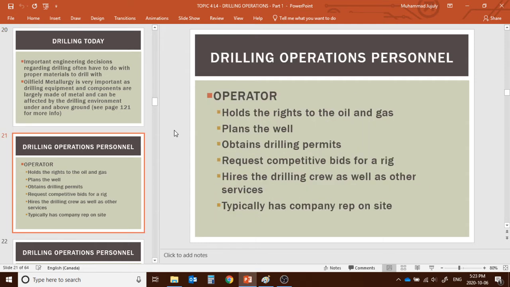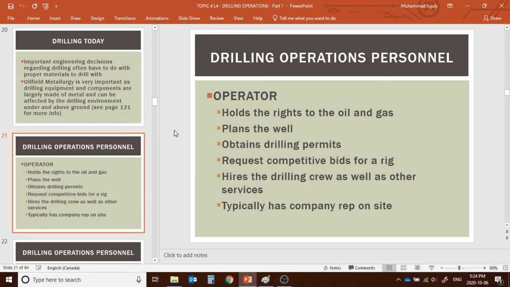Now, drilling operations personnel. So the operator, or the oil and gas operator, is the one for the lease. The lease is actually owned by a group of companies, and there could be some other different partners, but it is mainly a big company, and that company is designated as the operator.